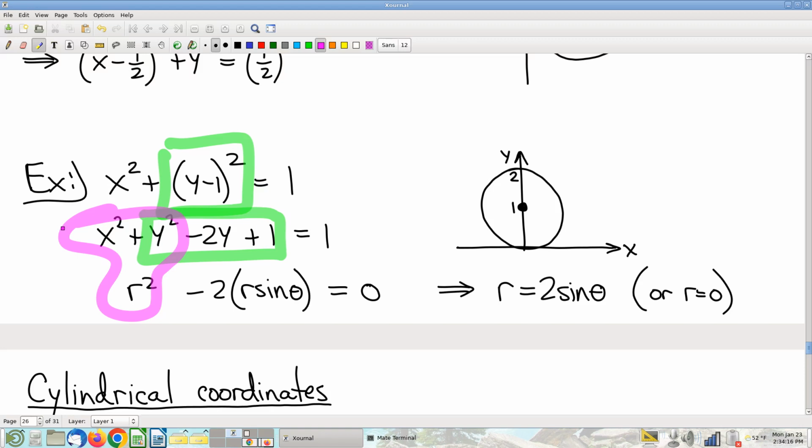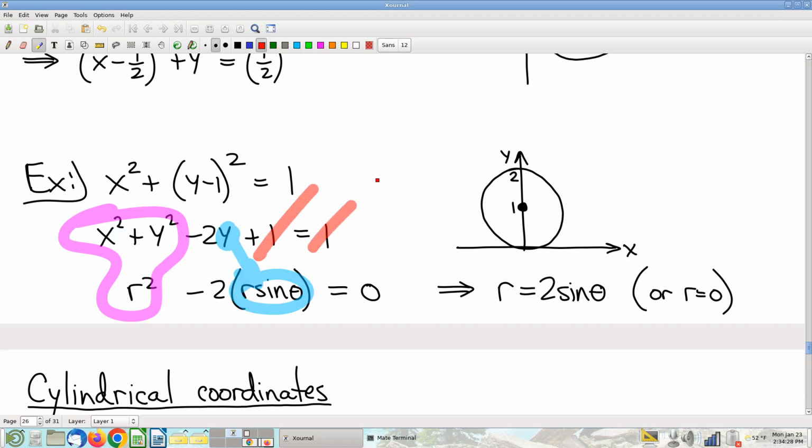But it's easier to capitalize that it's kind of already been done. And then, of course, y is r sine theta. The ones cancel, and then canceling common factors of r, moving some things around, you get r equals 2 sine theta, which we already knew that this was a circle, but now we have the polar equation of that circle. Everybody good?